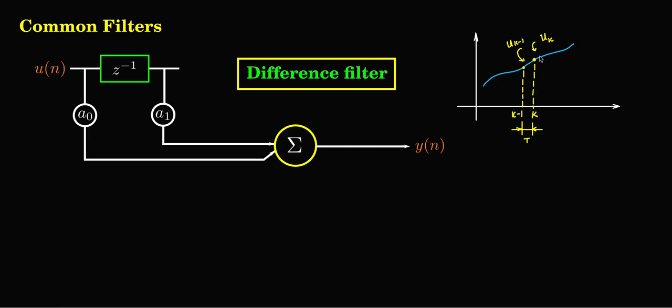Now what is the slope, which is the differentiation? The slope is u of k minus u of k minus 1, this is the height, divided by this time difference, which is T. Or I can say u of k by T minus u of k minus 1 by T. This forms the basis for us to decide on the scaling values.